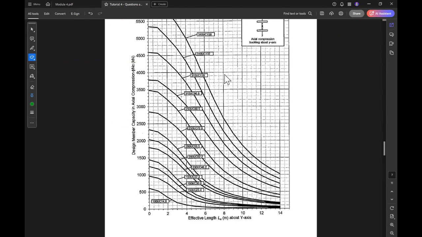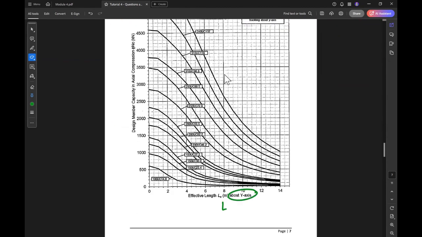Similarly, we will do the same for the y-axis because we have LEY equal to 6 meter, N star equal to 550 kilonewton. So at 6 meter here, we go up with a line. At 550 here, we go horizontally with a line.